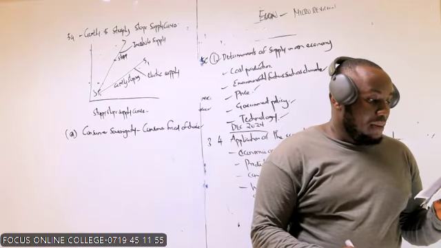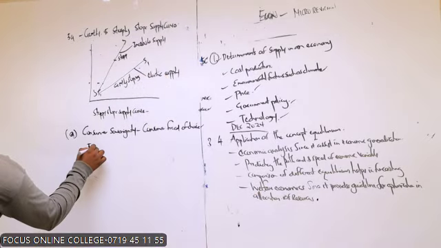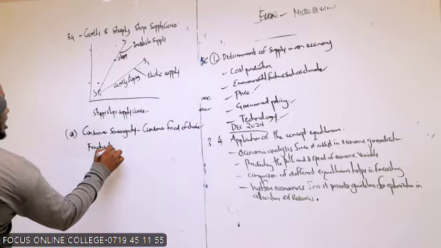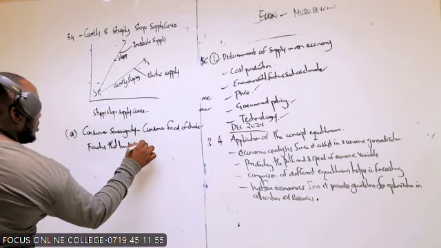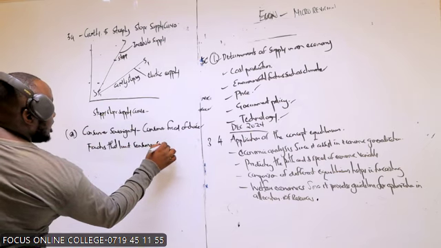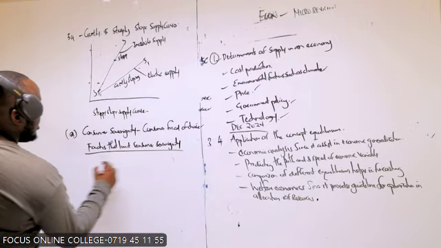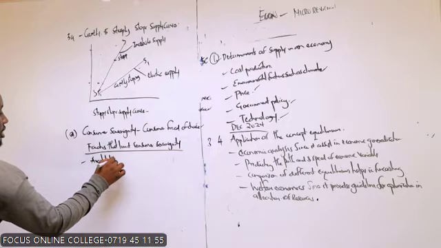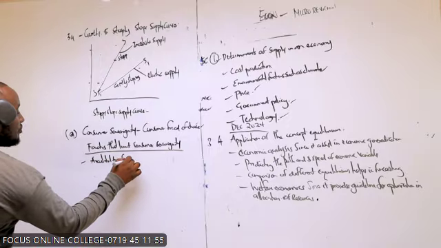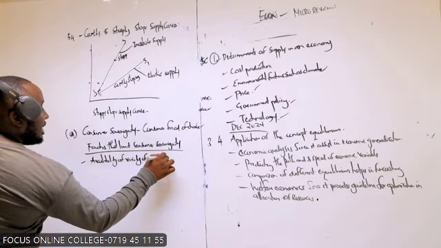The next are factors that limit consumer sovereignty. What are these factors? Availability of a variety of goods and services.